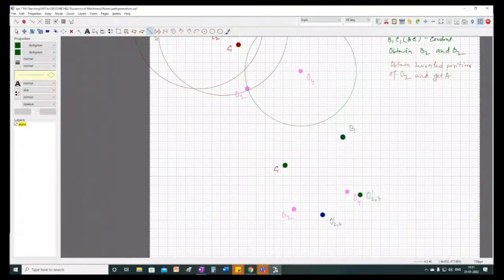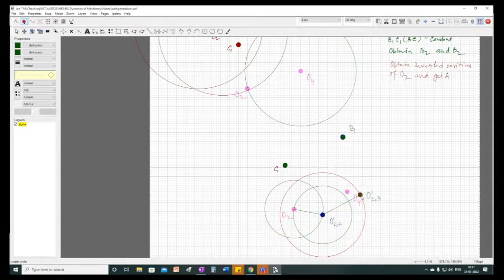Now what we will do, now we'll draw the perpendicular bisector of O2 1, O2 2, O2 3. Okay, so to draw the perpendicular bisectors, simply we'll draw the circles. Okay, I have drawn several lines, but you need to be careful.